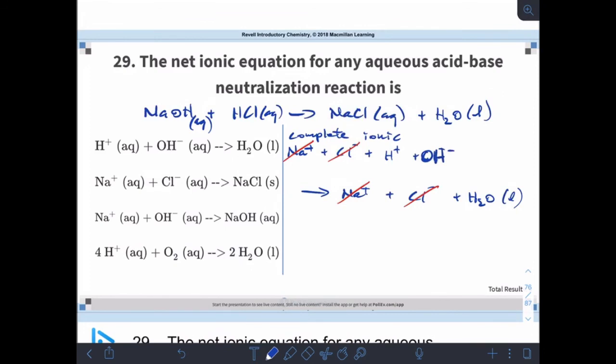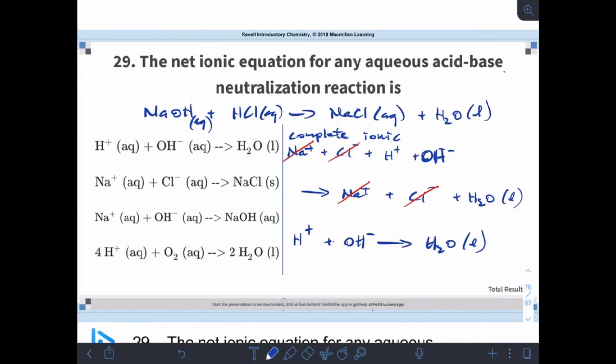I need an OH minus in there. Sorry, it's not a very good example here, y'all, but it does serve our purpose. Na plus cancels Na plus, Cl minus cancels Cl minus, and what I'm left with, I don't have any H plus on both sides, just on the left. I only have OH minus on the left. I don't have any on the right. And it makes H2O liquid.